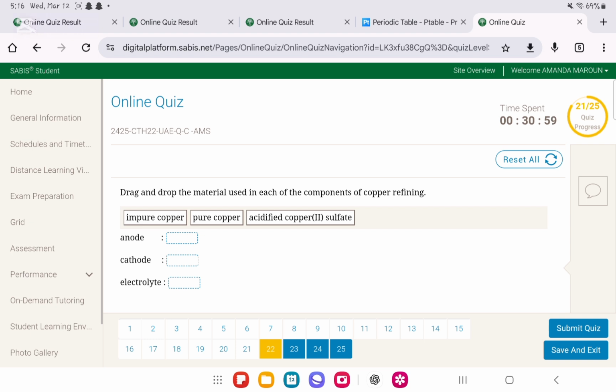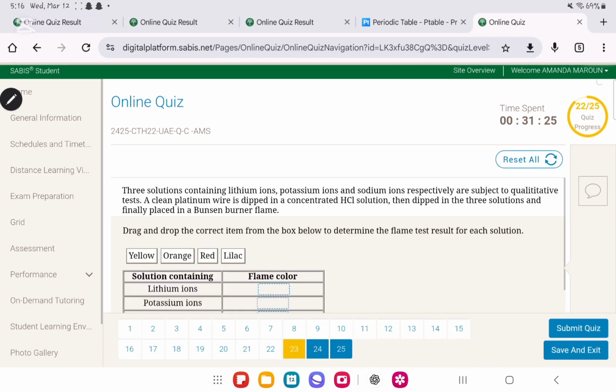The metal that we are going to plate, we will place at the cathode. And of course, the solution has to be either acidified or molten or aqueous, and the solution is the electrolyte. So we are going to plate pure copper with impure copper, and the electrolyte is going to be acidified copper sulfate.